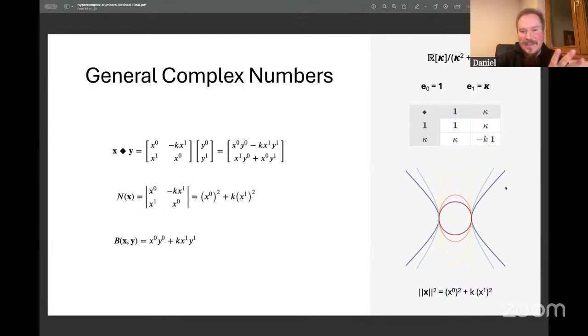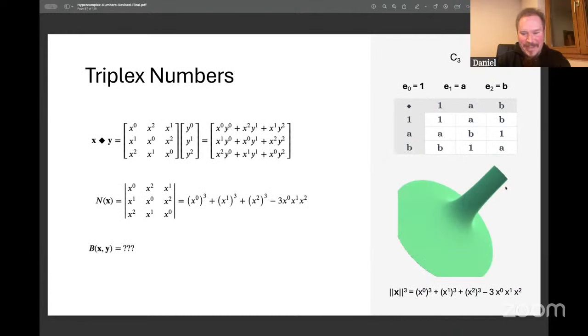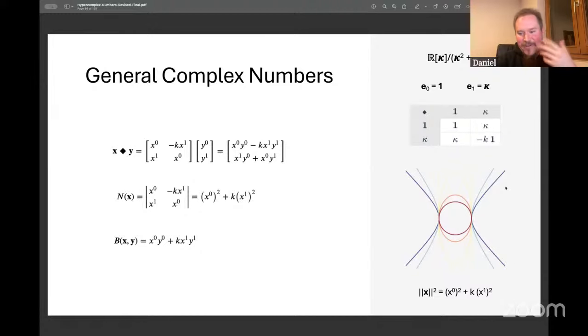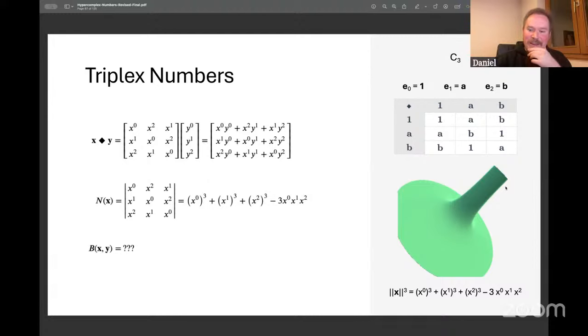In that case, I will skip over the next part. I think this is more of a technical thing. I wanted to point out that if you actually want to apply the same construction to higher dimensional algebras, because the ones that we looked at so far have always been two-dimensional, then you end up with not a quadratic form, but in general, a form that is to the nth power, the same as the dimension of your vector space.